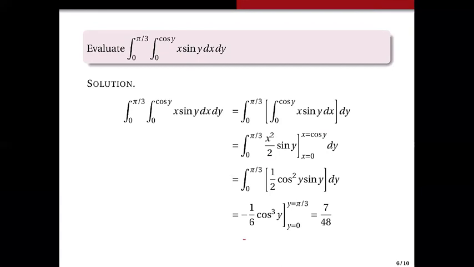You will have negative 1 over 6 times, at pi over 3, that's 1 over 8, cosine of pi over 3 cubed. Then here, minus 1. So this is equal to negative 1 over 6 times negative 7 over 8. That's why we have here 7 over 48.